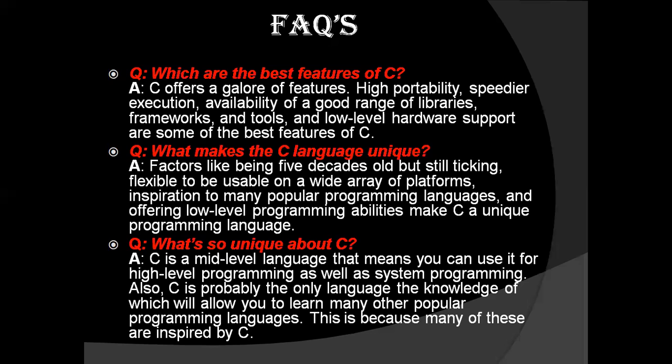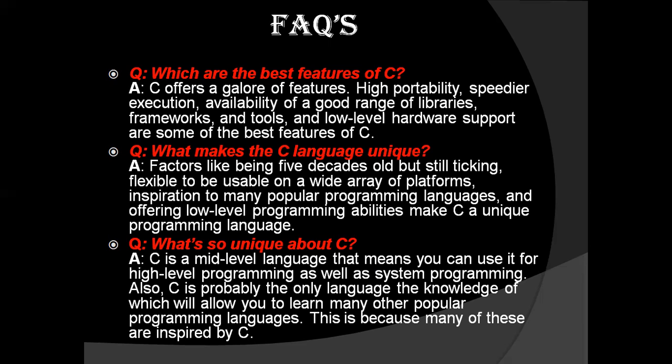So what makes the C language unique? Factors like being 5 decades old but still ticking, and it also has flexibility to be usable on a wide array of platforms.